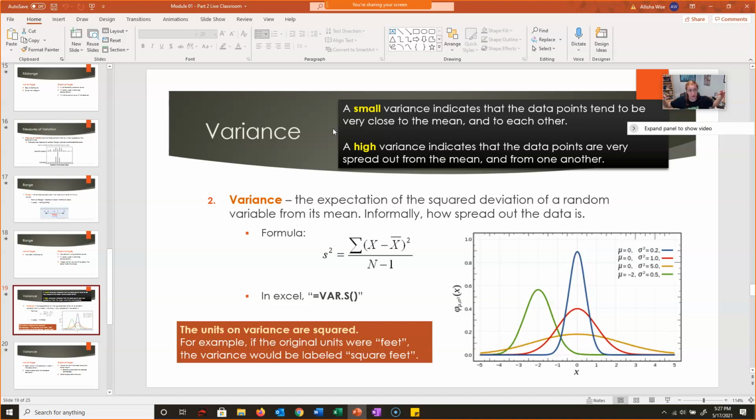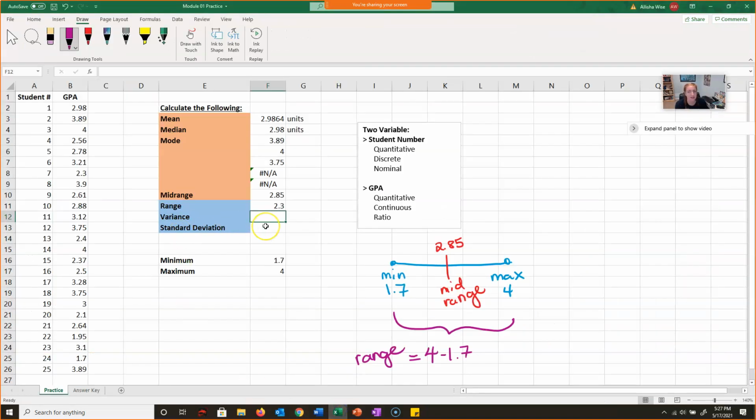So variance is VAR.S. The S is for sample, so we have to make sure we use that .S. So in here we go VAR.S, select your data, and hit enter.